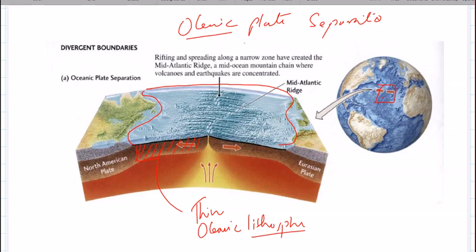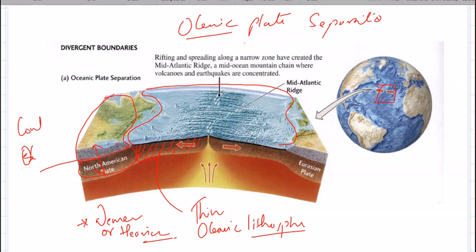It is thin, but remember it is denser or heavier. While the continental region has more thickness to it, right? So this region is continental lithosphere. Wherever the continents are, the lithosphere will be thicker but lighter. This you have to remember.